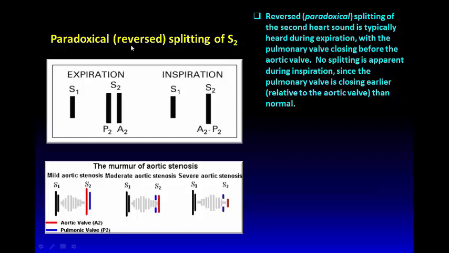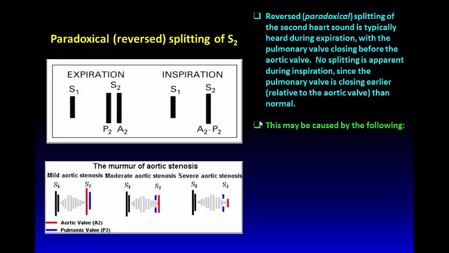So in reversed or paradoxical splitting, the pulmonary valve closes before the aortic valve, and the splitting is heard during expiration. This is totally the opposite of the physiological splitting of the second heart sound.